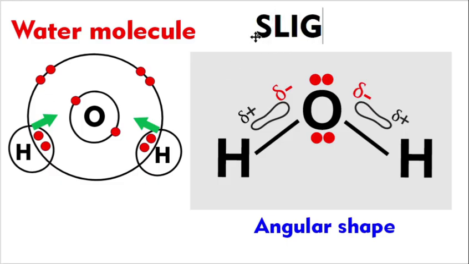Hydrogen may share electrons, right? It didn't donate them, but it has to give up sometimes. So the hydrogen has not donated both the electrons completely to become H+. But due to this electronegativity difference, since the oxygen has attracted more, the hydrogen becomes slightly plus, not fully plus.